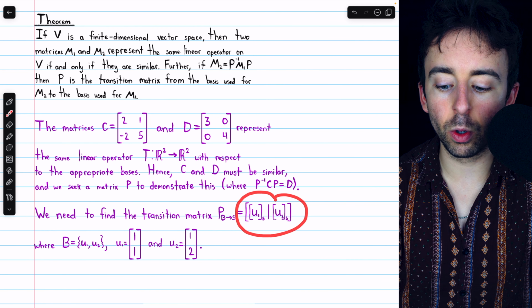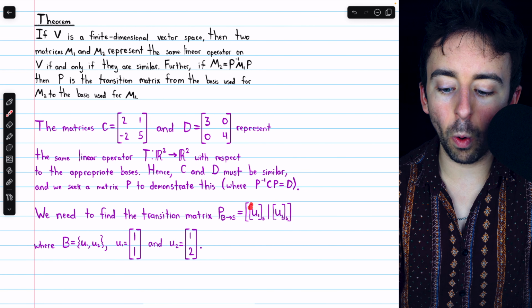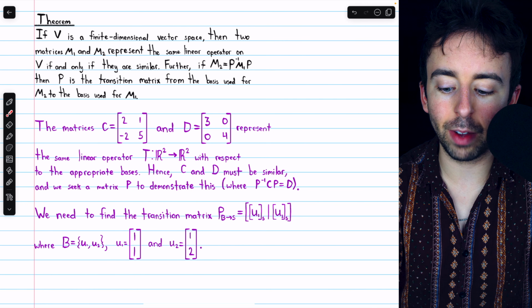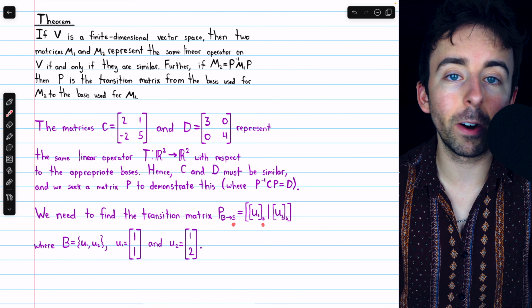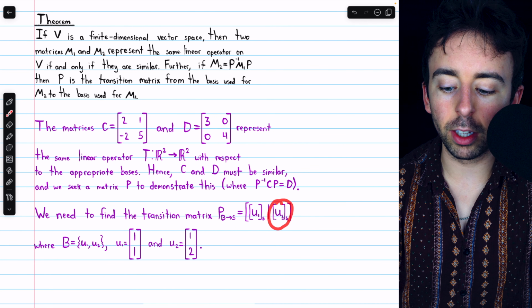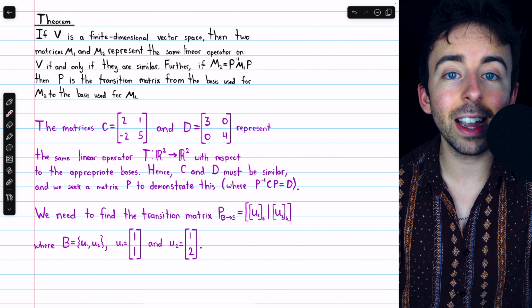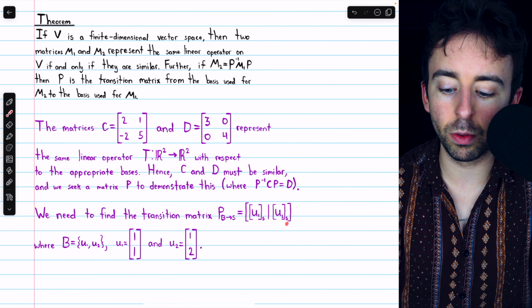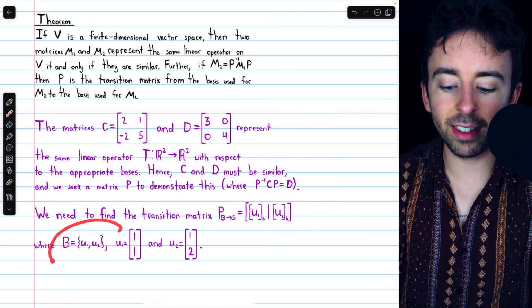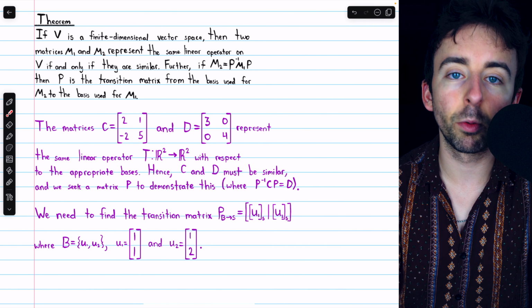It's the matrix whose first column is the coordinate vector of our first basis vector with respect to the target basis, and whose second column is the coordinate vector of the second basis vector with respect to the target basis. And this is that basis B that we were using in the original example.